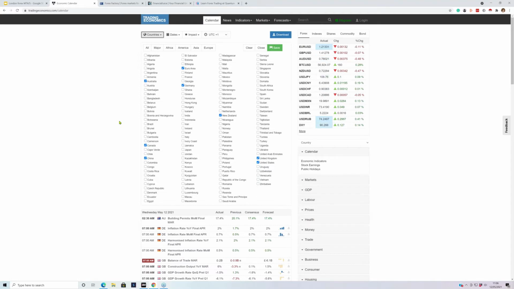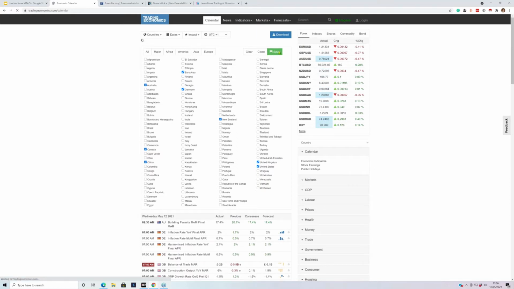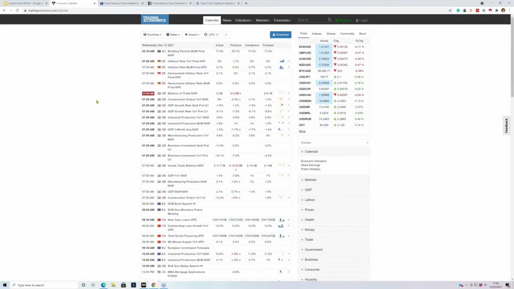But that's the function of this site. So what happens here is I've cut it down. What you can see here is the difference in the sheer number of releases for the United Kingdom. They will also highlight which they think is the most important.